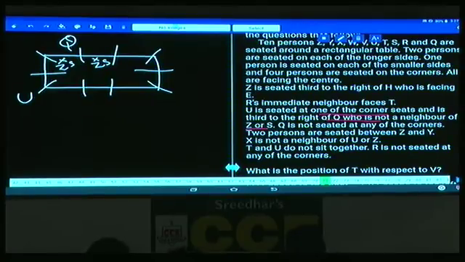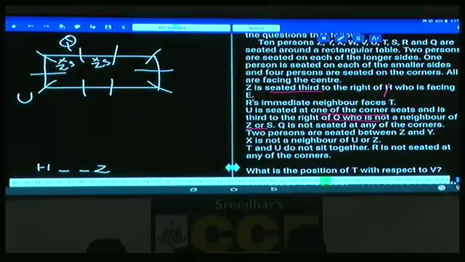2 persons in between Z and Y. Then coming to the first information, Z is seated third to the right of H. If H is here, Z is seated third to the right of H. H is facing E. Okay, Z is to the right of H. H who is facing E is clearly given. Now here H is nowhere clearly given.